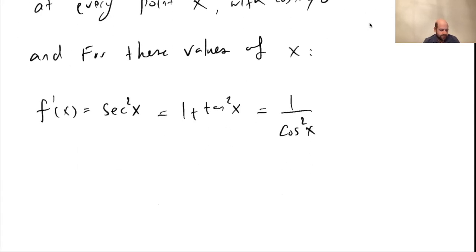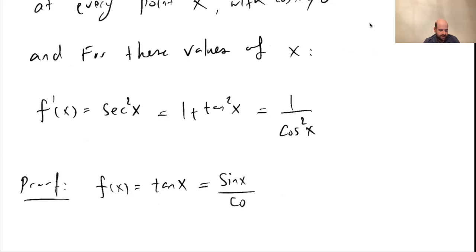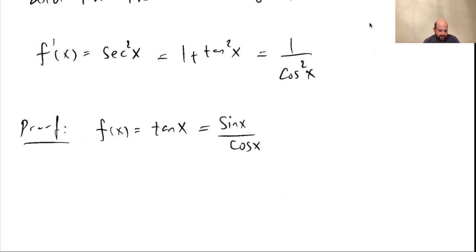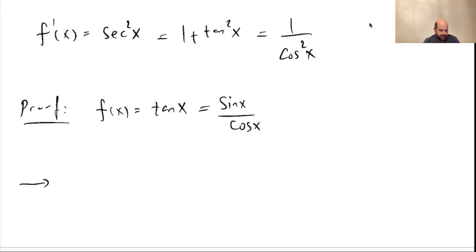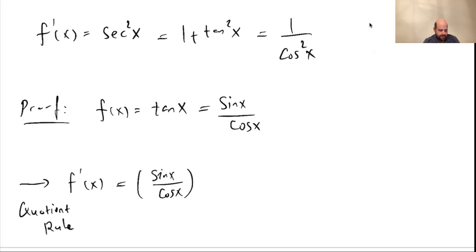So for the proof, this one is very simple. f of x equals tan x. You just need to write tan x as sine x over cos x, and then we can calculate f prime of x easily. Then f prime of x by the quotient rule, we can write it as sine x over cos x derivative.